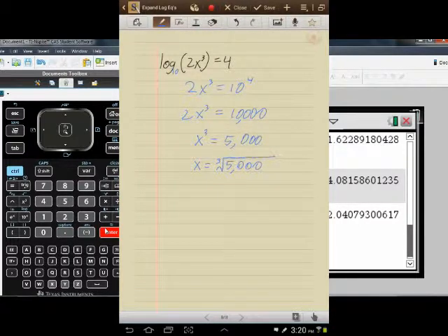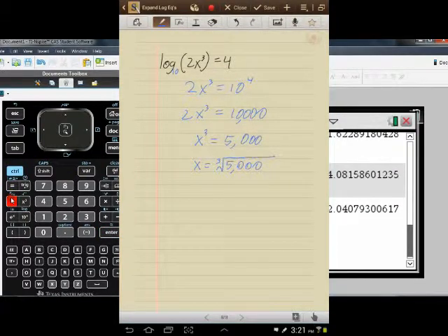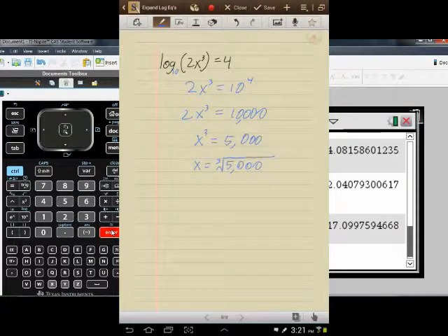Just like the square root tells us what number you'd have to square to get whatever, here this tells us what number we would have to cube to get 5,000. And that is a job for the calculator. Cube root of 5,000, and x is about 17.0998.